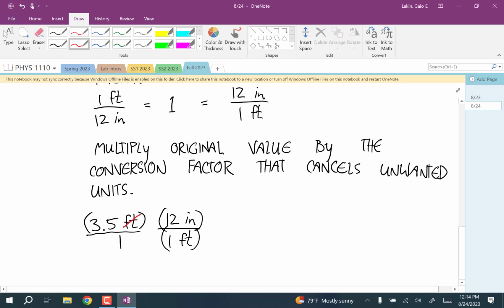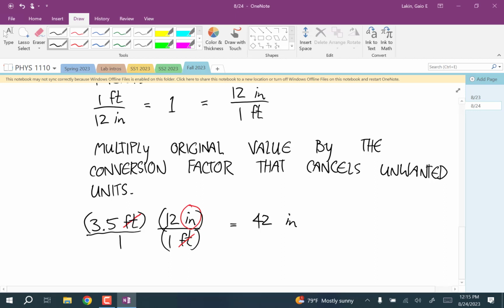Here, this feet on the top cancels this feet on the bottom, okay? And what you're left with for units is just inches. So now we know that if we multiply these fractions together, we're going to get the value we want. And so you get 3.5 times 12 is 42 inches. Okay?